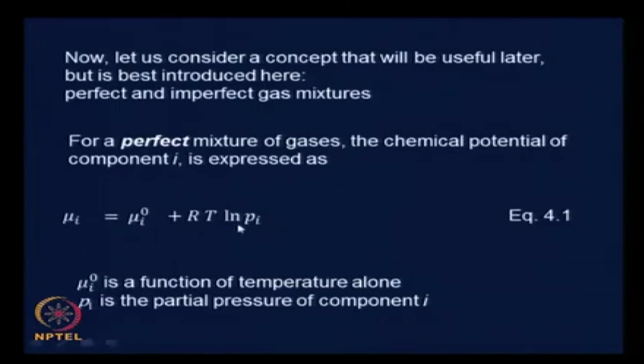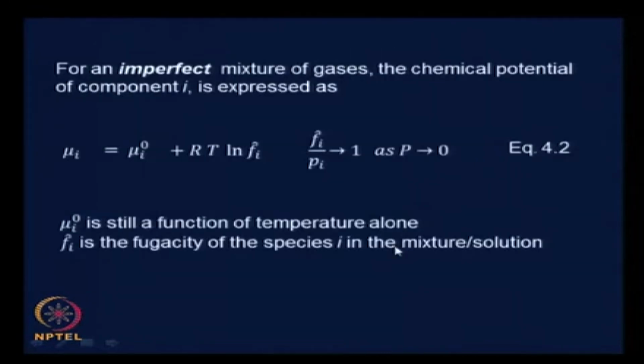Here you have the partial pressure, and mu I naught is a function of temperature alone. And for an imperfect mixture of gases, we had the chemical potential of component I as mu I equals mu I naught plus RT ln Fi hat. Fi hat is the fugacity of the component I in solution, which could be different from the fugacity of the pure component itself, which is given without the hat. And for completeness, we will have to say that Fi hat by the partial pressure Pi tends to 1 as P tends to 0.